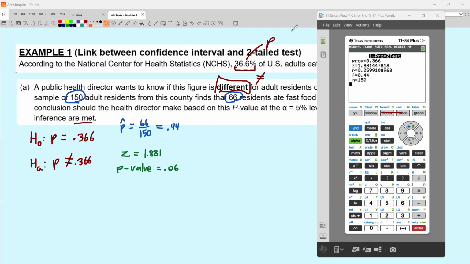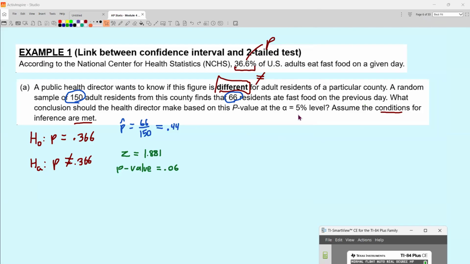If you want to know that, you can look at my previous videos. In this case, we have our p-value of about 6% and our test statistic about 1.881. So we want to see what kind of conclusion we're going to make at the 5% level. If you remember what we looked at in our last video, that's going to be a relatively high p-value based on your significance level. So what conclusion are we going to make?